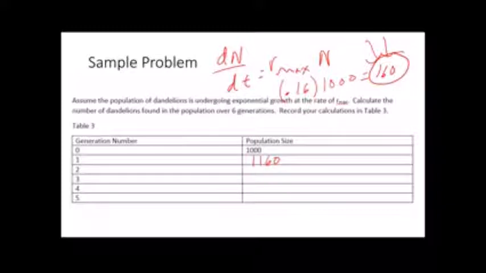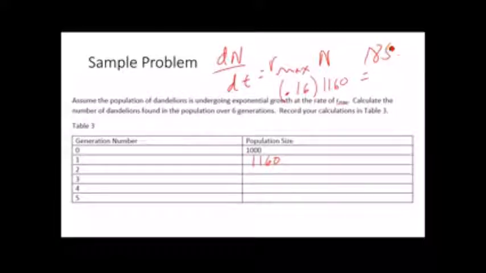We repeat that same calculation for the next generation. So again, we'll take R max of 0.16, this time times our new population size, which is 1,160. Right, so this time we'll go 0.16 times 1,160, and that gives us 185.6.